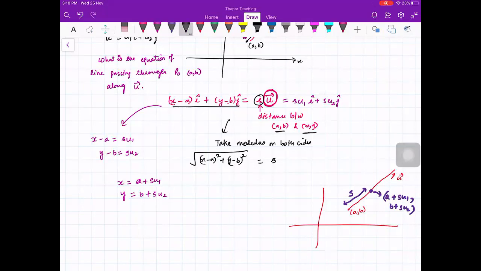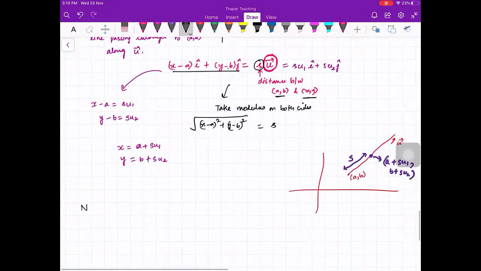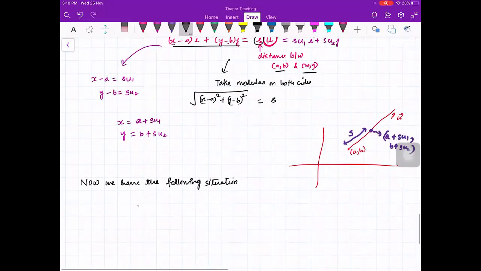Now we have the following situation. f is a function of x and y, and x is equal to a plus s u1, y is b plus s u2.